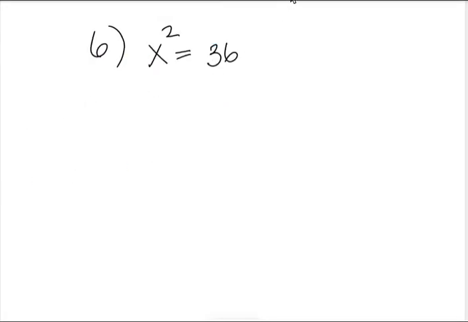Number 6. On number 6, I want you to change the problem on your paper. Make sure the problem on your paper says x squared equals 36. I want you to try this one by yourself. So hit pause and see if you can figure this one out on your own.